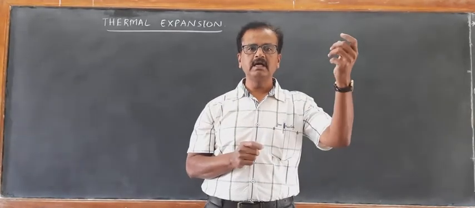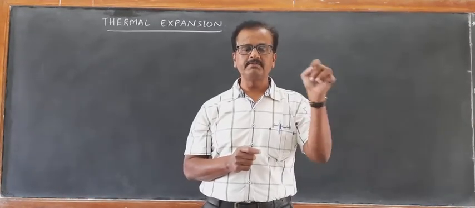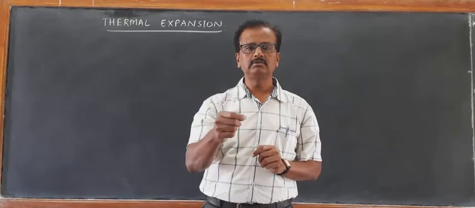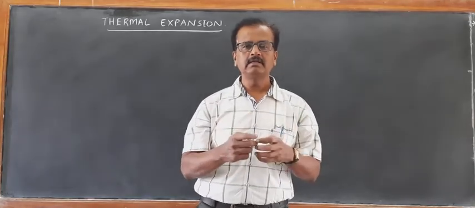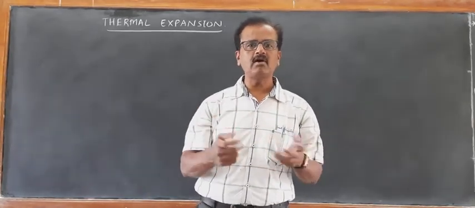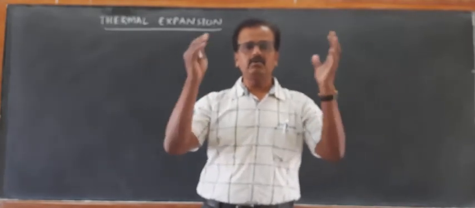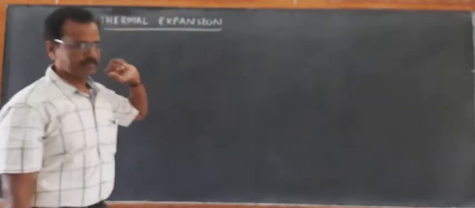That is, the liquid metal mercury starts contracting on cooling. If you keep it in ice cold water, the mercury level goes down to 0 degrees Celsius. So on heating, solids, liquids or even gases expand, and on cooling they contract. This property is called thermal expansion.